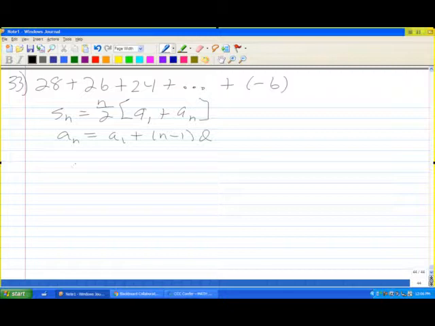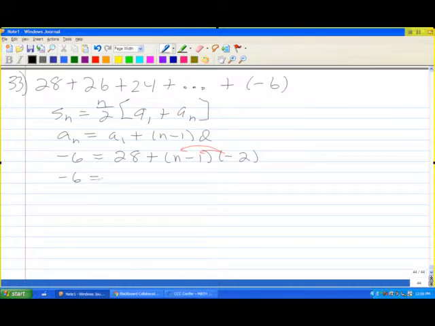So the last term is -6. And so to find the position of the last term of the arithmetic sequence, all I have to do is figure out n. A1 is 28, and the common difference is -2. And so let's multiply the -2 inside the parentheses.